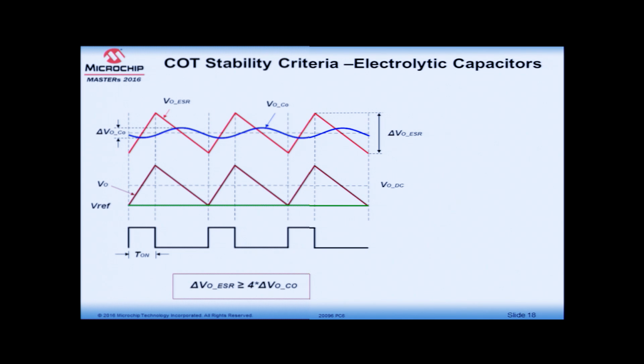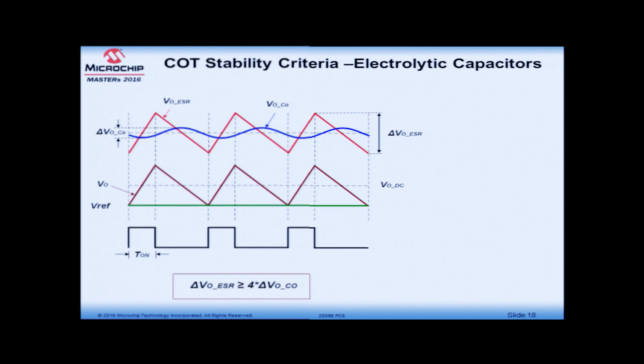You design your power stage based on your load requirements and your input requirements, that does not change. But for example, if you are using electrolytic capacitors for your application because of cost reasons, you can make use of the ESR of the output capacitor to make the system stable.